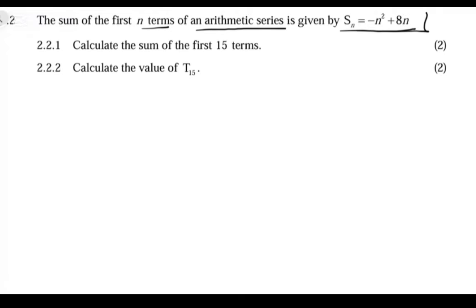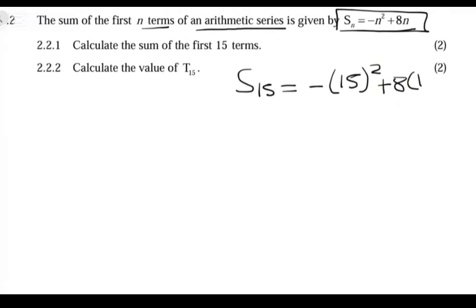This is the formula that we have here. We're just going to say sum of 15 terms. Whenever there is n there, we substitute this 15 squared plus 8, we substitute this 15. If you work this one out in your calculator, you're going to get negative 105. So this is the sum of 15 terms, negative 105.